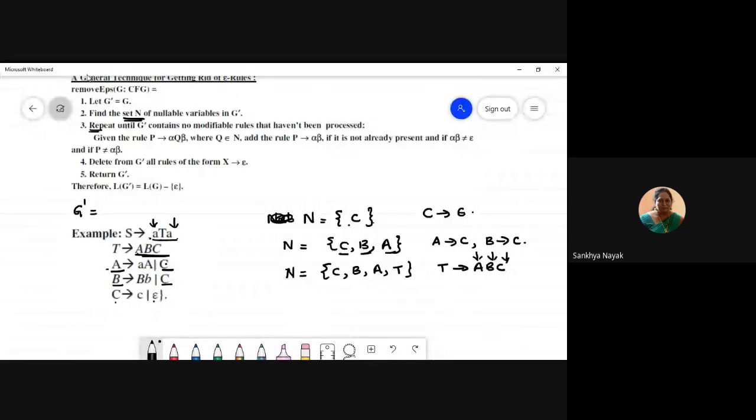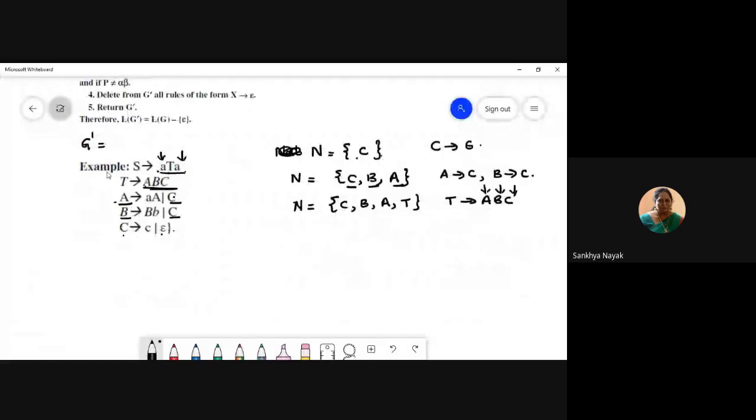Now we have to modify the rules so that I can remove the null from this expression. So to make a grammar unambiguous, the first step is to remove all epsilon productions. That's what we are doing.